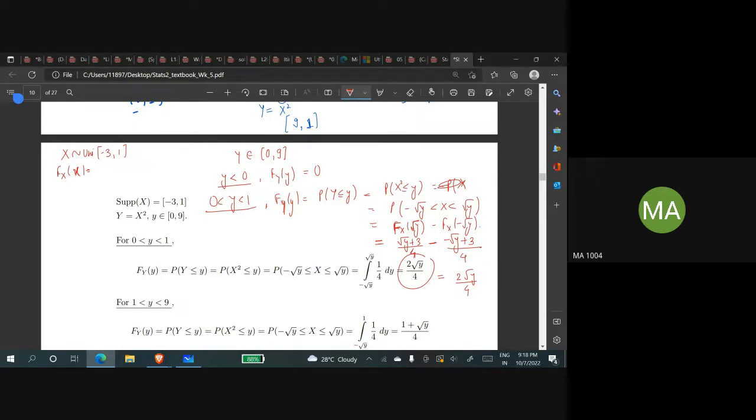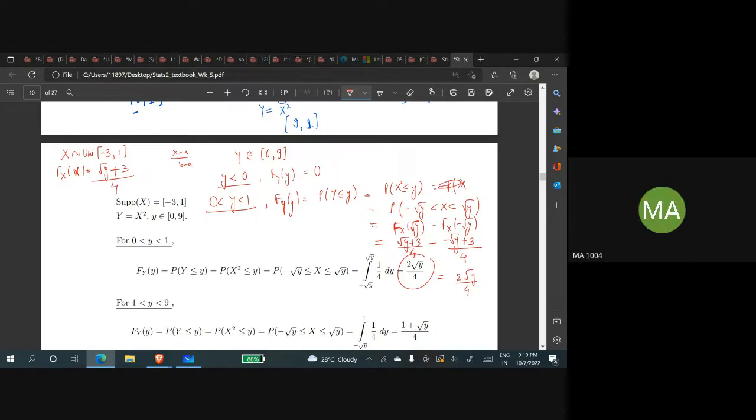So x in this case is root y. So x minus a upon b minus a: x is root y minus a, a is minus 3, so it becomes plus 3. B minus a is 1 minus minus 3, that is 4. Same thing we did for minus root y. Now to find the PDF we have to differentiate it, right?